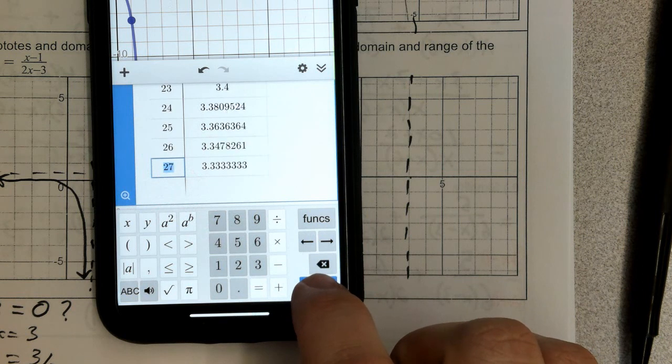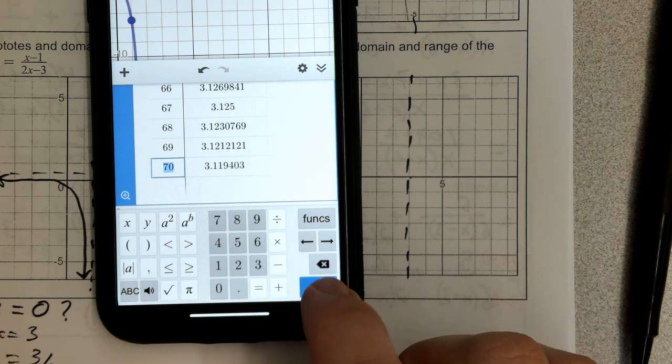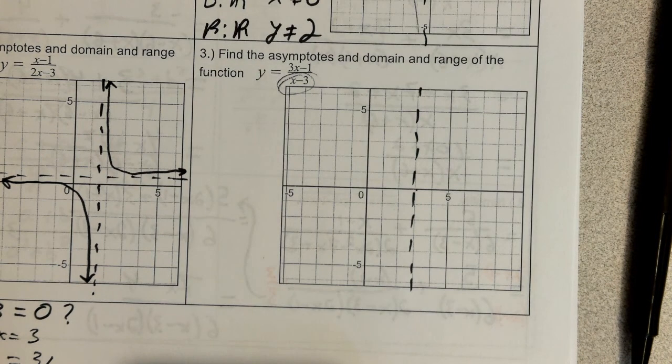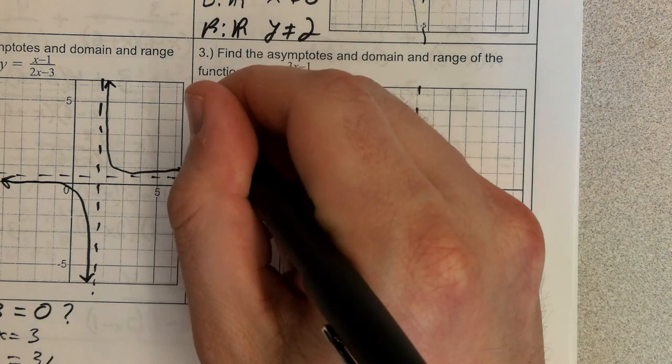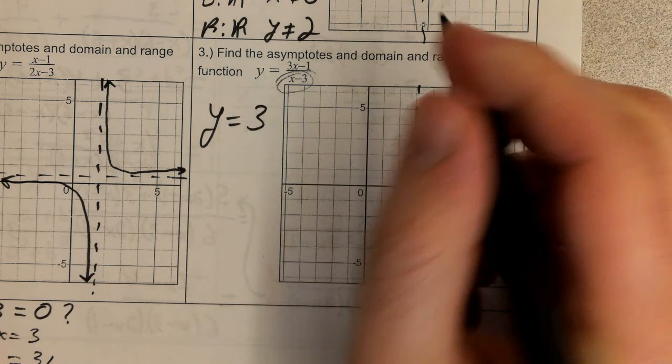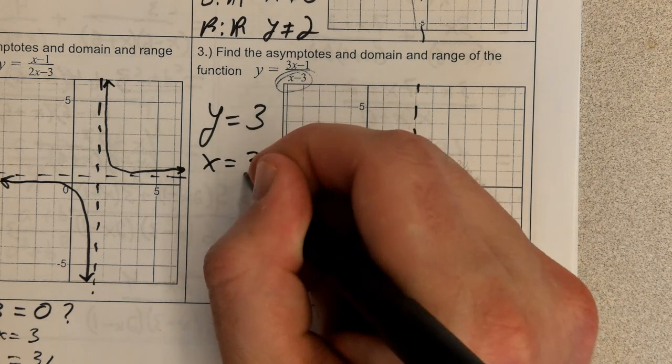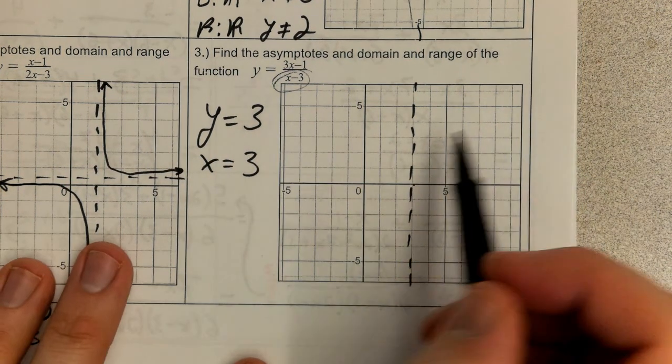It looks like it's going to be close to 3 as we move further to the right. So we'll start with horizontal. Y equals 3 for the horizontal. X equals 3 for the vertical.